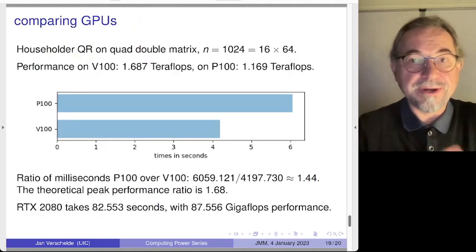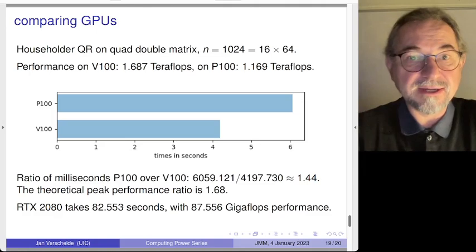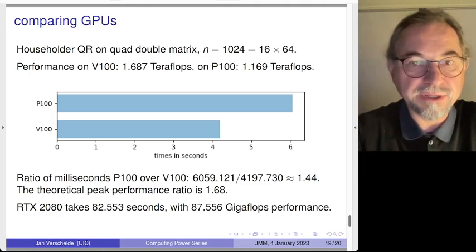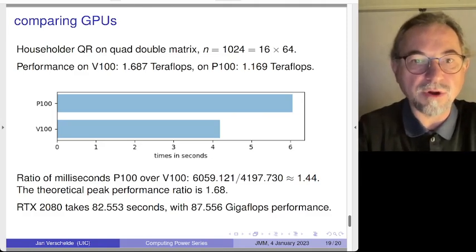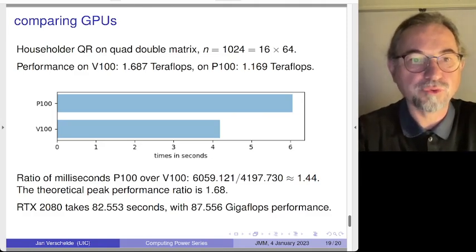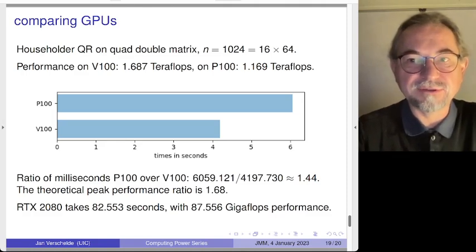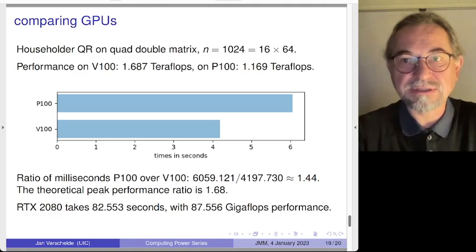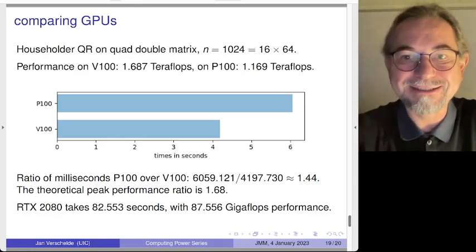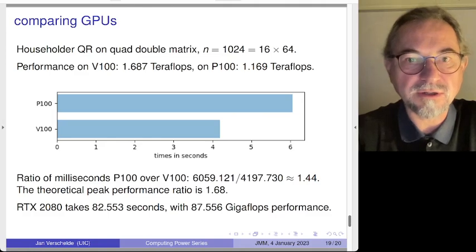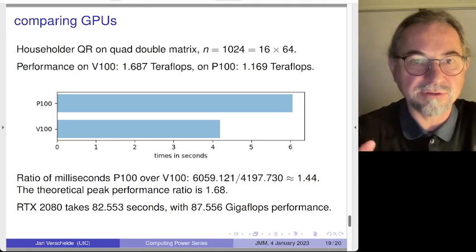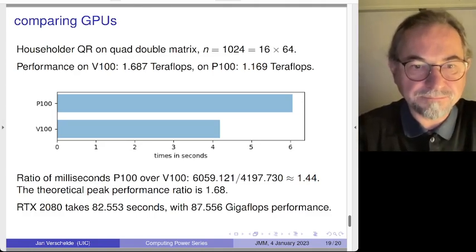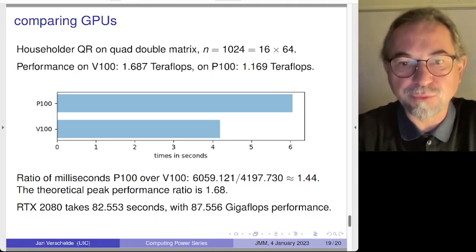Okay, so then comparing GPUs, one does this at the teraflop level, making sure that they are fully well occupied. Here I picked the Householder QR and for quad double precision, where the 1024 is tiled up in 16 tiles of 64. This is better than 32 times 32. So this is certainly not optimal, but the performance ratio is 1.44.